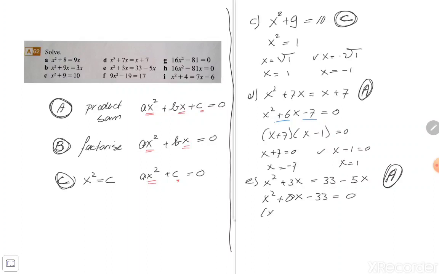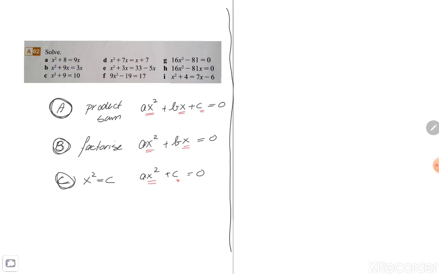So x plus 11 and x minus 3 needs to be 0. x plus 11 is 0, or x minus 3 is equal to 0. So x is minus 11, or x is 3. There you go, that's exercise E.